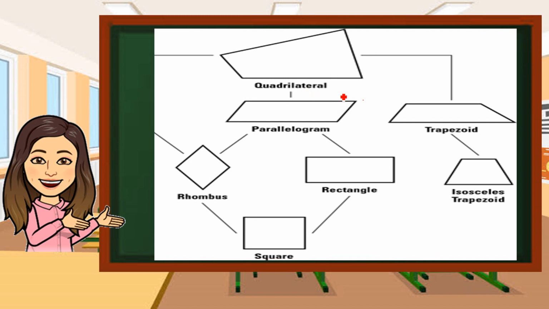Now, let's go to the other daughter of the quadrilateral. We have here the parallelogram. If the trapezoid has only one pair of opposite sides that are parallel, here in the parallelogram, as you can see, the two pairs of opposite sides are parallel.